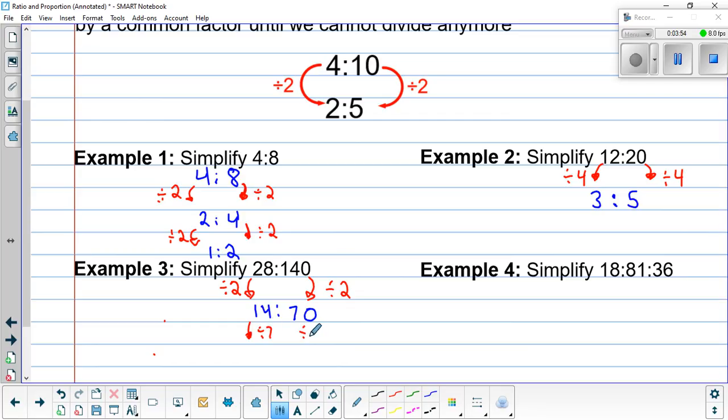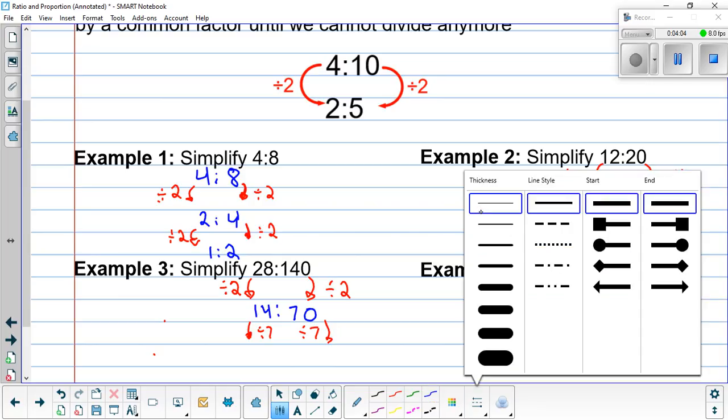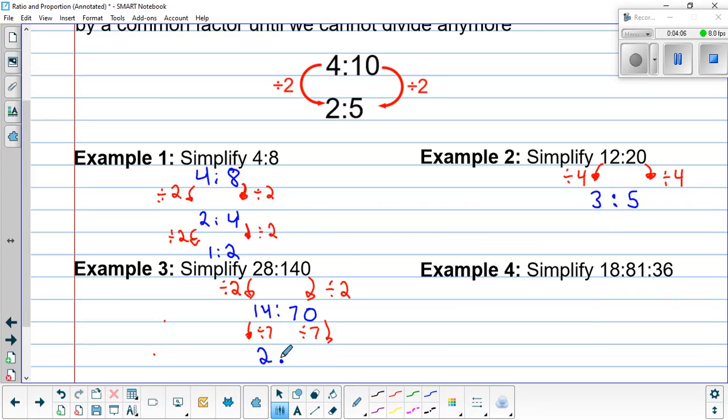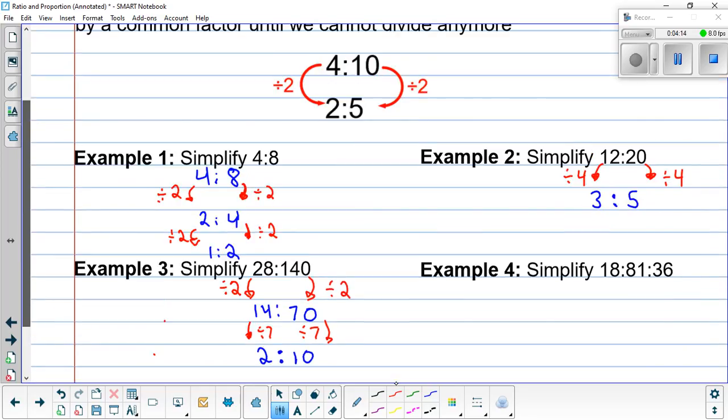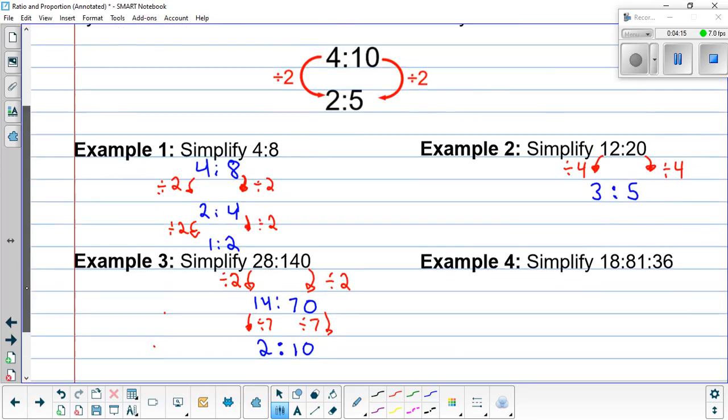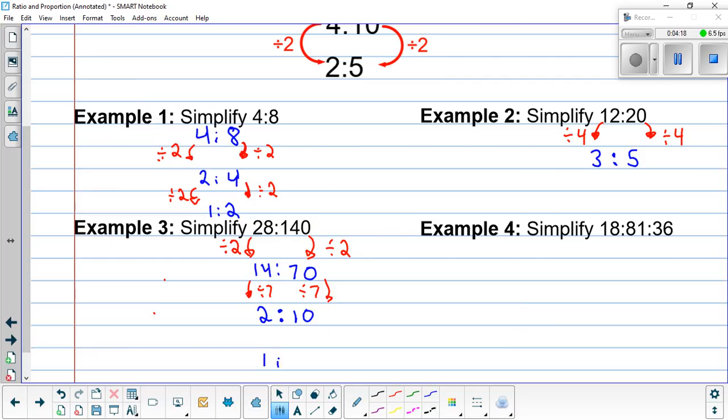So that's divide by 7, and that's going to give us simply 2 on the left and 10 on the right, and we just have to take this one more step further, where we can divide by 2 and 2 again, and we'll find that our end ratio is 1 to 5.